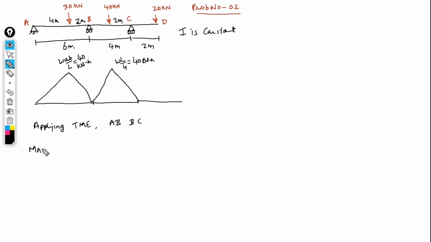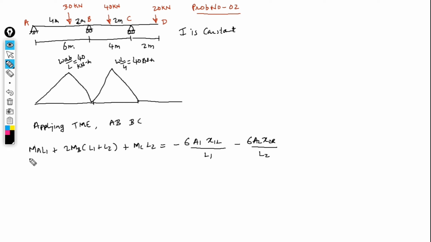MA L1 plus 2MB into (L1 plus L2) plus MC L2 equals minus 6 A1 X1 bar divided by L1 minus 6 A2 X2 bar divided by L2.